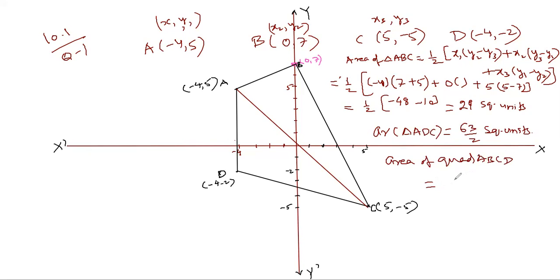So you can write 29 plus 63 by 2, that is 58 plus 63 by 2, which equals 121 by 2 square units.